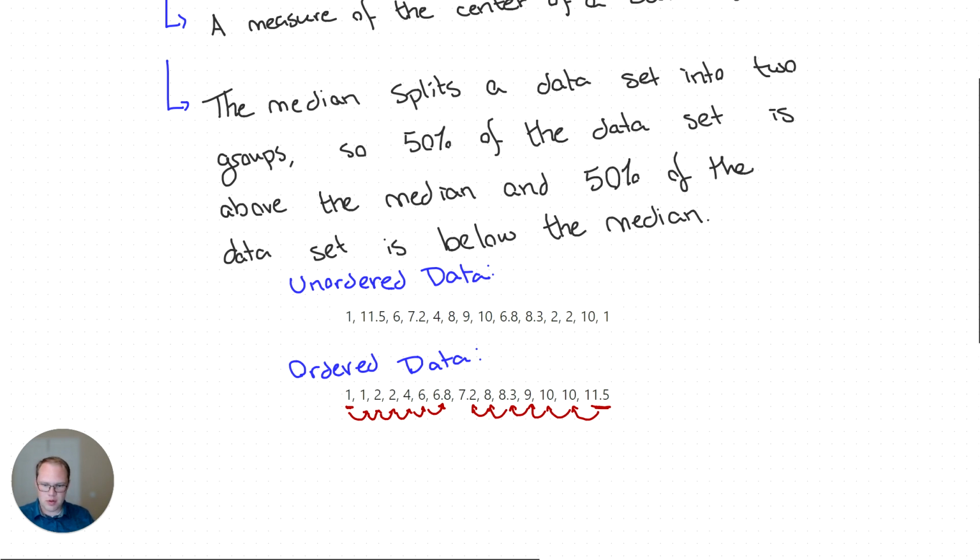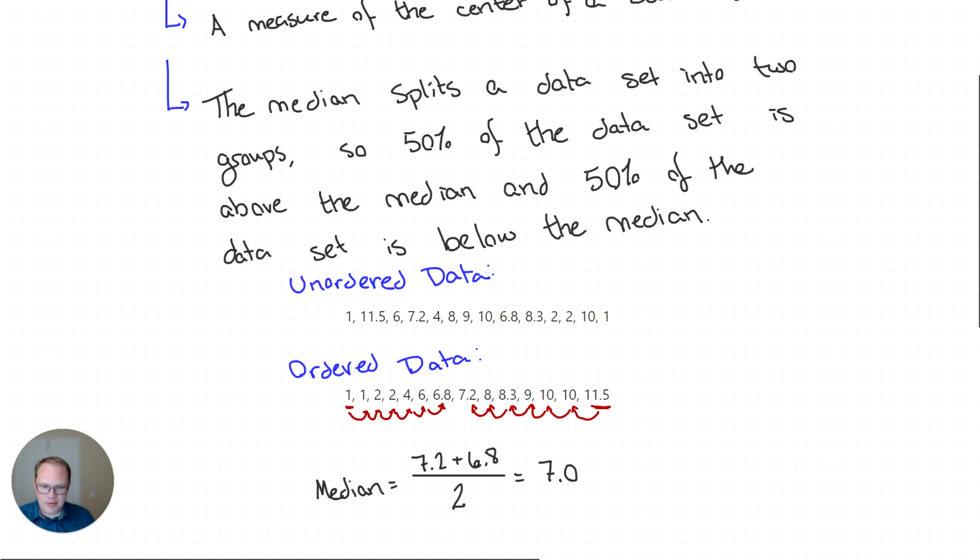So the median would be, I just add them and divide by 2. That's how I take the average of two numbers. And it turns out if we take the average of this, we end up getting 7.0. You can throw it into your calculator if you want to, but we end up getting 7. Okay, so the median is 7.